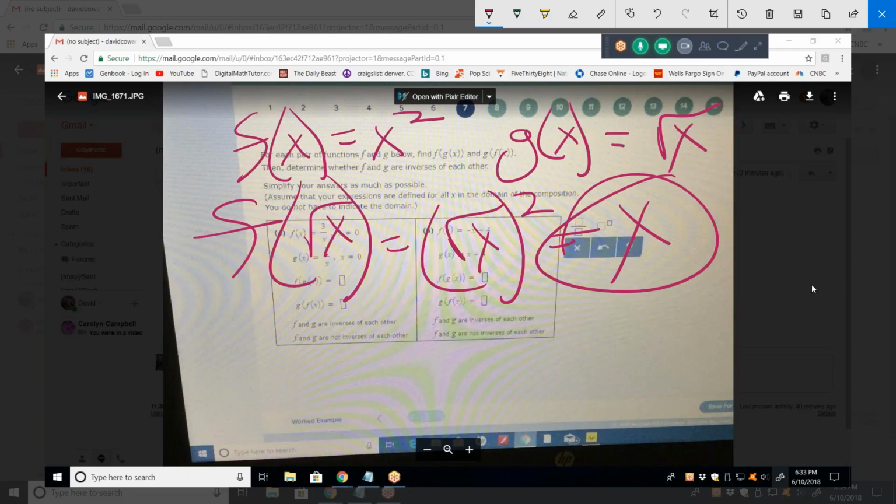Notice the domain of g of f is all real numbers, but the domain of g of x is only positive numbers, or numbers greater than or equal to 0. So the domain would be that restriction right there. Even though my g of f or f of g, both of them end up being x, which doesn't appear to be restricted, it is.